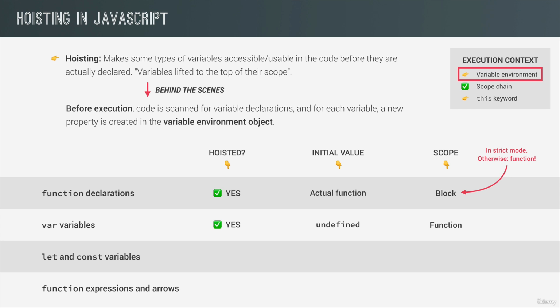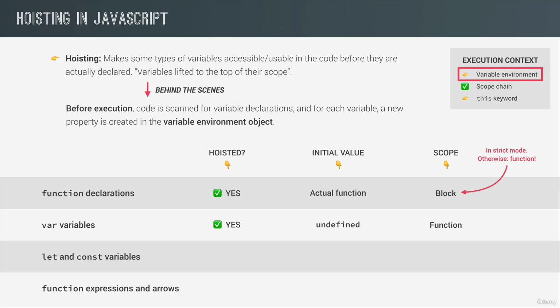You might expect that you simply get an error when using a variable before declaring it, or to get the actual value, but not to get undefined. Because getting undefined is just really weird, and it's not really useful either, right? And actually, this behavior is a common source of bugs in JavaScript. So this is one of the main reasons why in modern JavaScript we almost never use var.